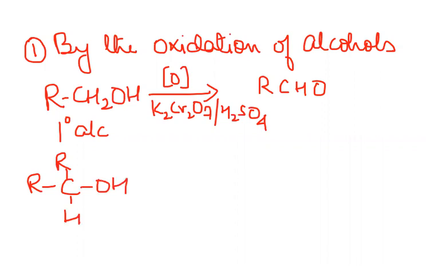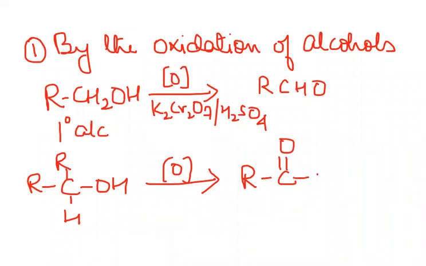So in this case, this is subjected to oxidation using the same oxidizing agent like acidified potassium dichromate, then you are going to get the oxidized product as the ketone, that is R C double bond O and an R. Now this is one method where your oxidizing agent is used and it is getting converted into the alcohol.